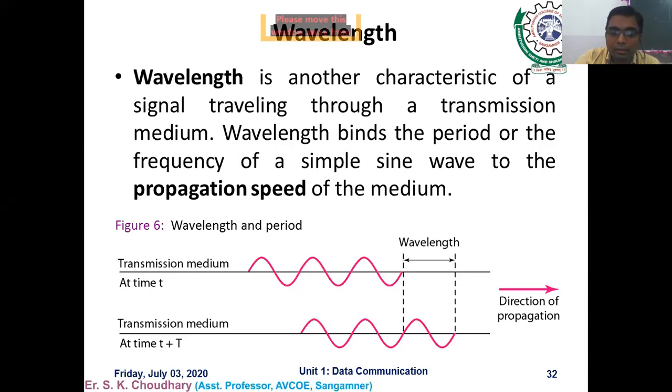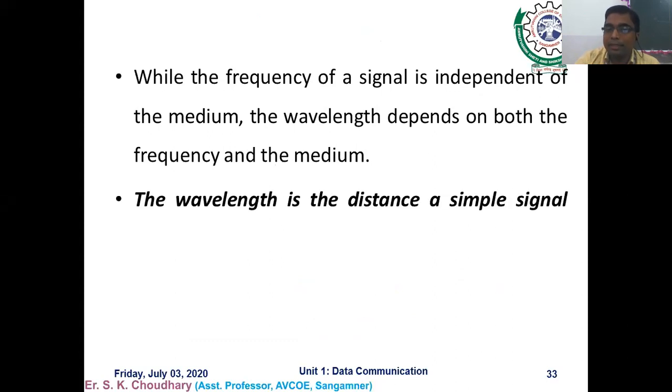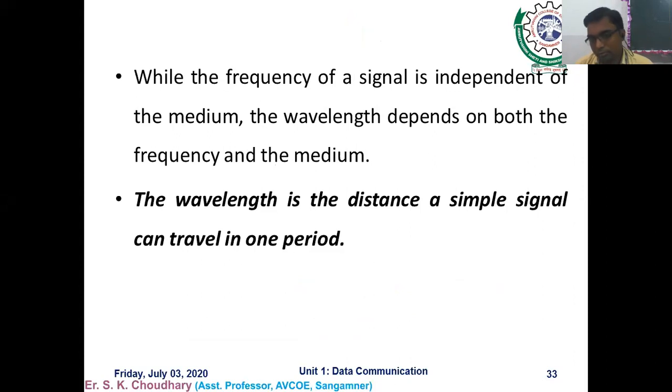So you can also define wavelength as the distance a simple signal can travel in one period. We know that the frequency of the signal is independent of the medium, but wavelength depends upon the medium as well as the frequency of the signal. So it is a dependent parameter or characteristic.